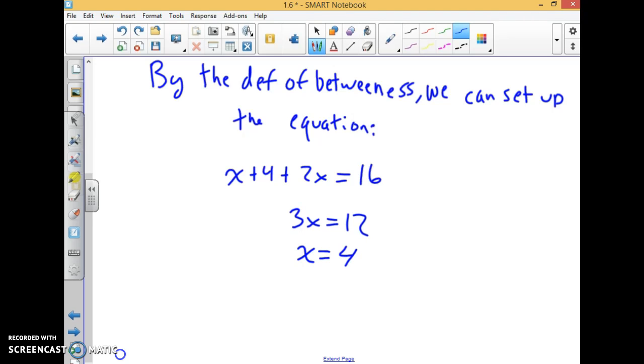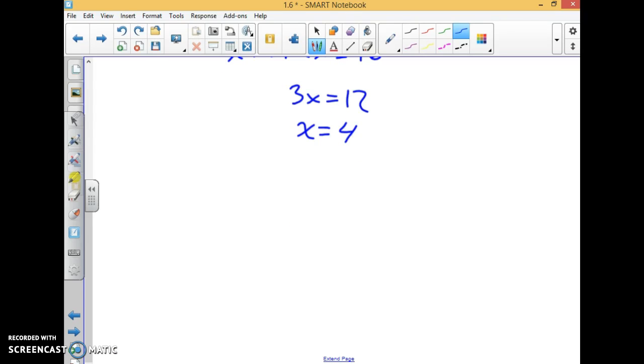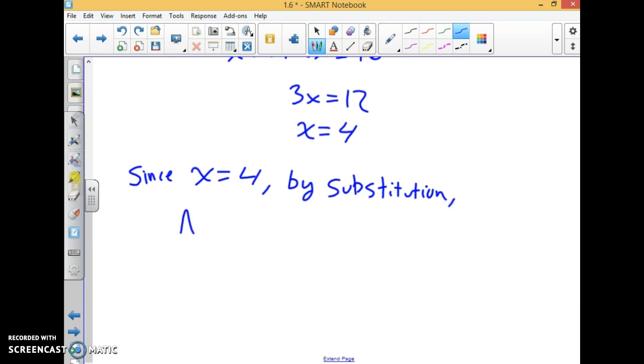Okay, we're not quite done yet though. So since x equals 4, by substitution, because we are substituting x into our expressions, AB equals x plus 4, which is 4 plus 4, which is 8.